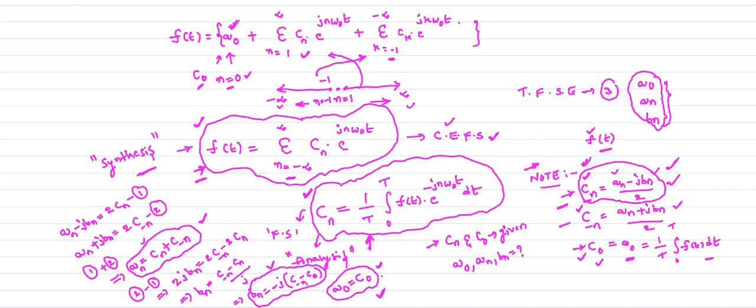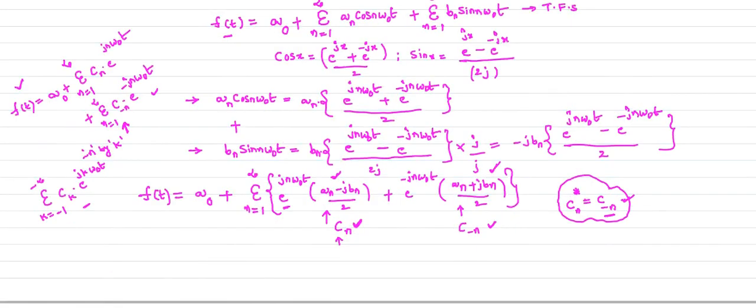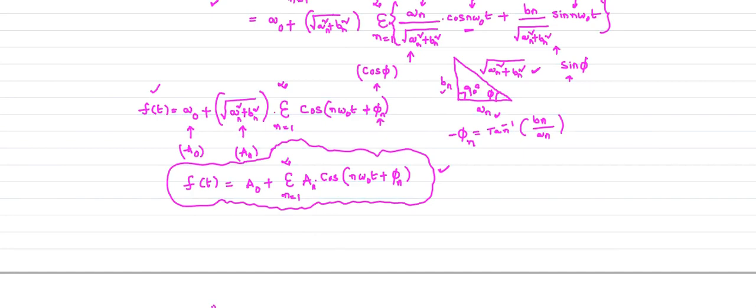So this is the classification of the Fourier series, the various types of Fourier series. We have three types: one is the trigonometric Fourier series, another is the complex exponential Fourier series, and another is the cosine Fourier series. The cosine Fourier series is nothing but a modification of the first one.